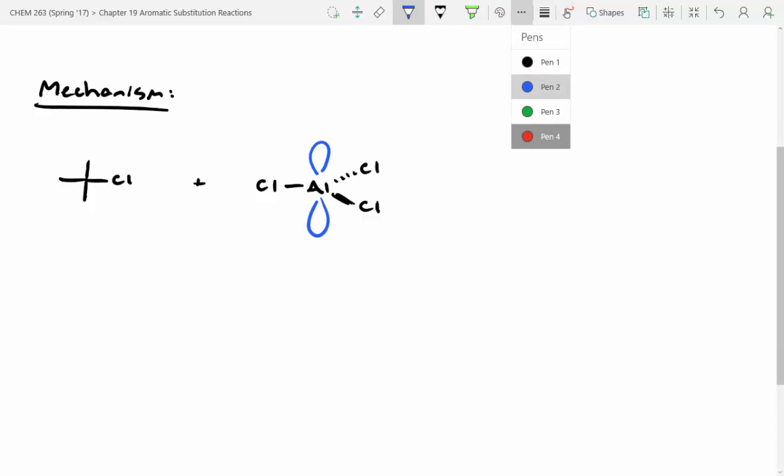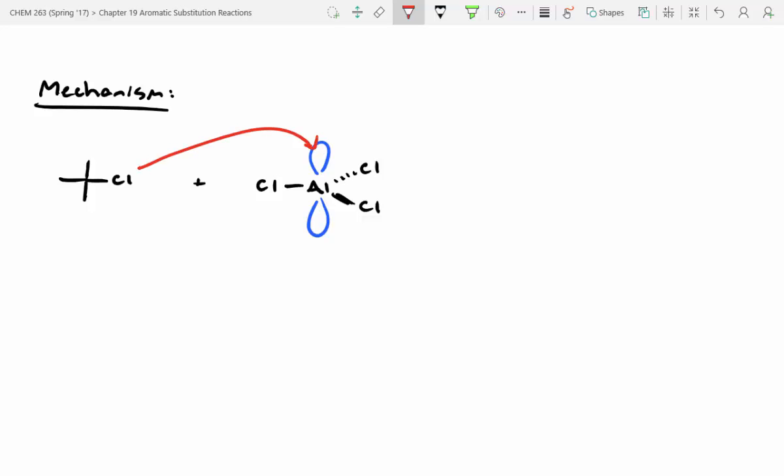What do you think the first step is going to be? Yep. Fill the orbital. I'm not going to show stereochemistry on the aluminum. However, it is important to remember that it's tetrahedral now.